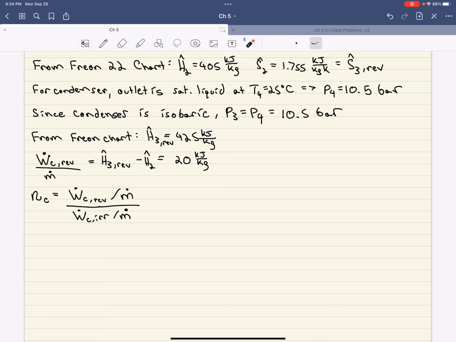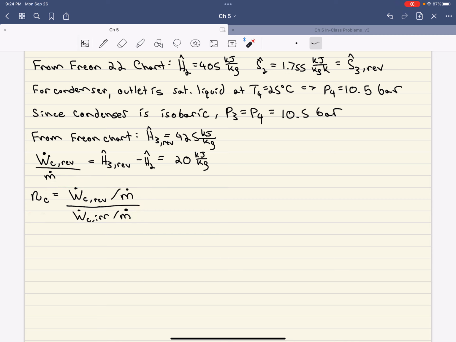Once again, W_C reversible is what you want, but due to this efficiency, this is what you actually have to put into the system. Okay? All right, and this ratio is just based on the definition of efficiency.